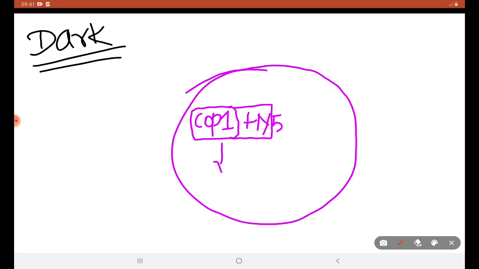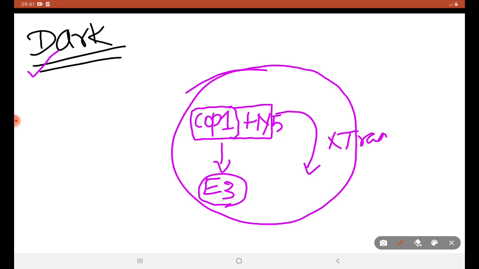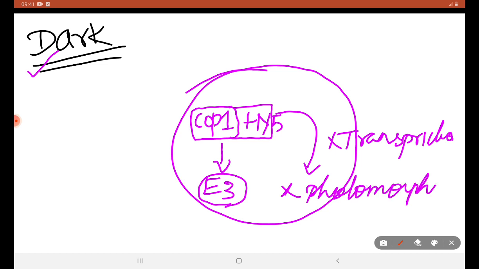Because it is dark, no light, HY5 undergoes E3 ubiquitin ligase mediated proteasomal degradation. So for HY5, no transcription, no photomorphogenesis. No photomorphogenesis occurs. This is the mechanism during dark.